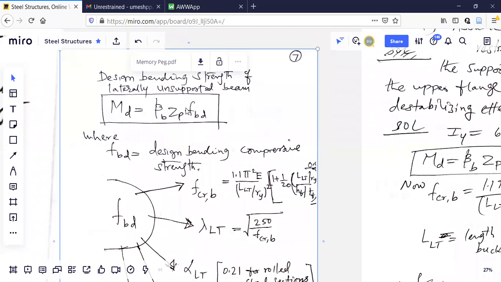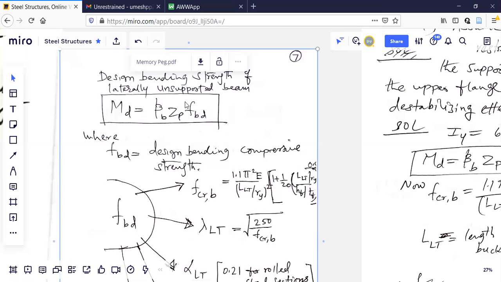Fbd, it means if you compare these two equations, the formula for design bending strength of laterally unsupported and laterally supported beams. Laterally supported means it was 6th semester problem. Formula looks almost same.